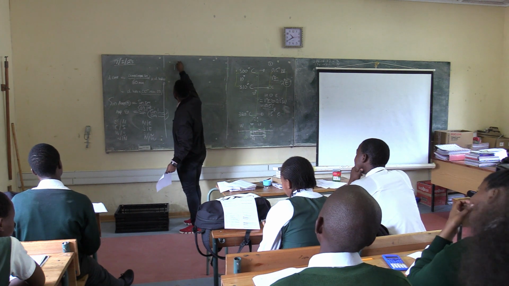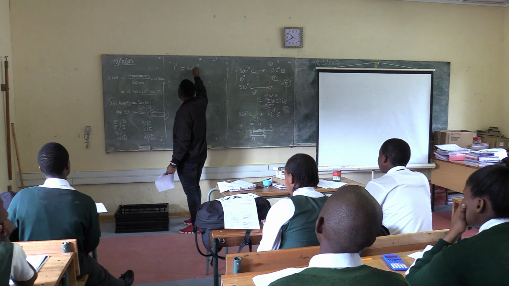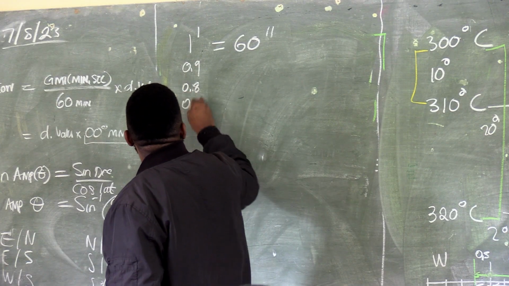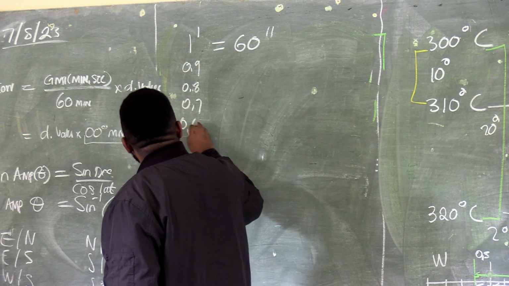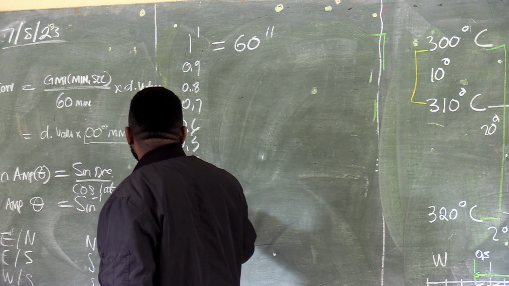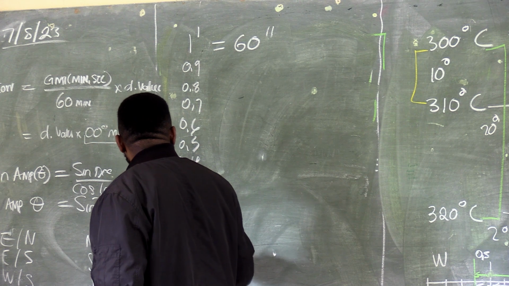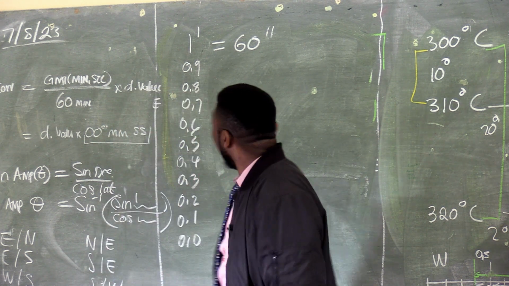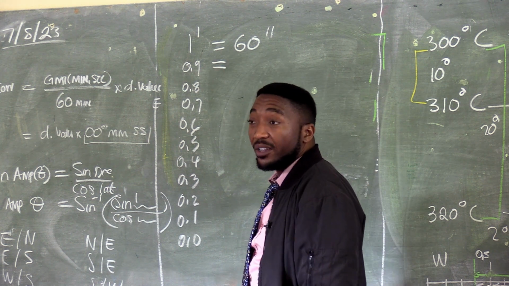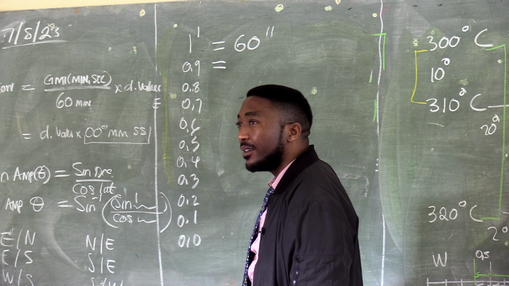I said 1 minute is equal to 60 seconds, and then I went down from 0.9 to 0.8, 0.7, 0.6, 0.5, 0.4, 0.3, 0.2, 0.1. These values have corresponding values on the other side. You know them by heart, not by head.